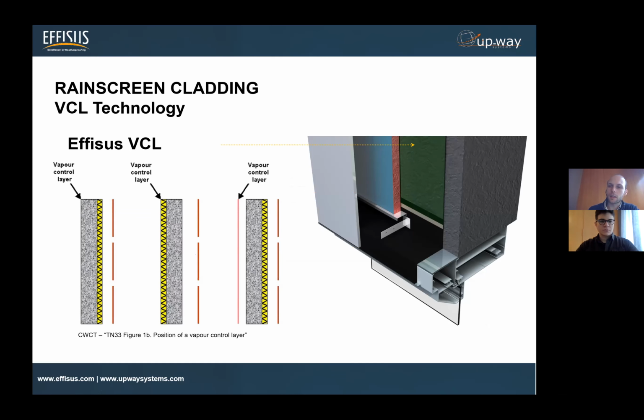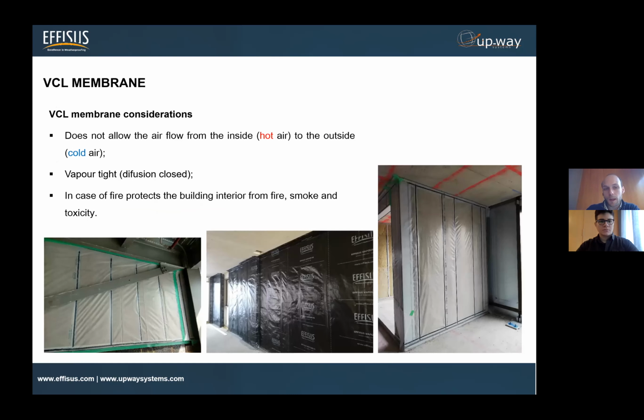So this is not a linear and easy discussion topic. It should be studied project by project. João, would you mind sharing a word regarding the main considerations for VCLs on the project, please?